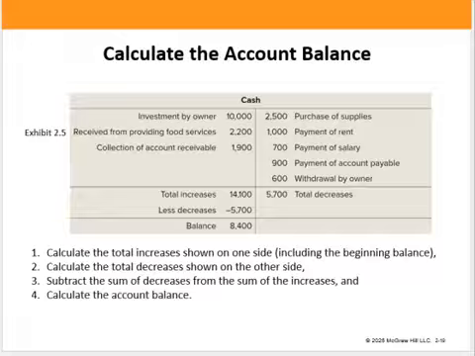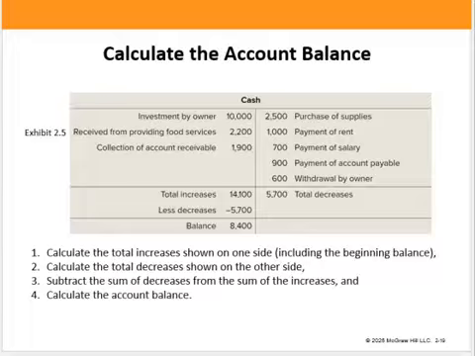Then you would add up each side and figure out which side has the higher balance. We see increases of 14,100. Our total decreases were only 5,700. If we subtract that, then we know our ending balance in our cash account is $8,400. Okay, so the steps again: calculate the total increases shown on one side, including the beginning balance.